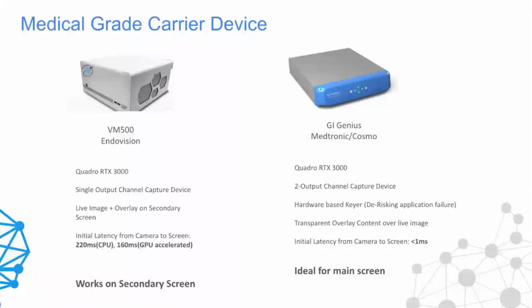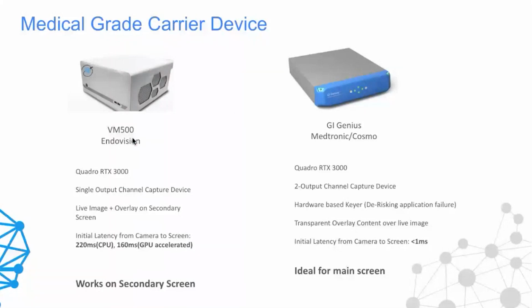As I was mentioning, GI Genius. We have developed our own device, and GI Genius is from Medtronic and Cosmo Pharmaceuticals. They have a platform which they are opening up for companies like us, so that we can publish our applications on their platform.